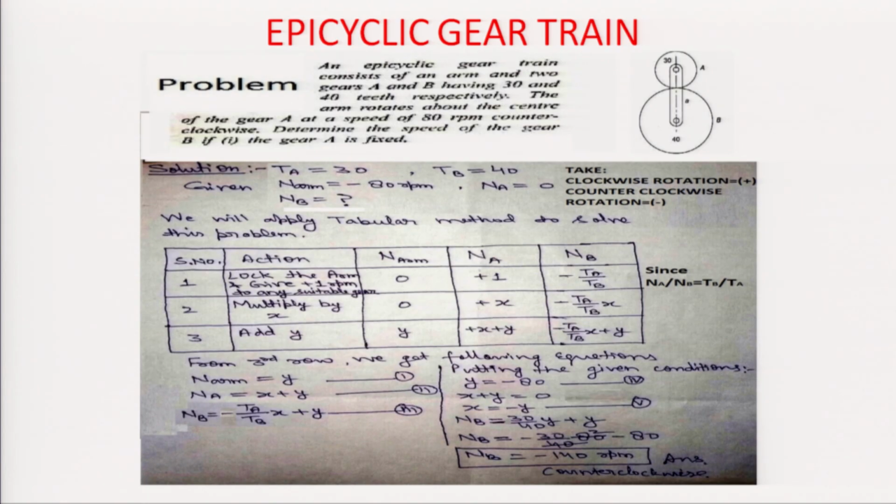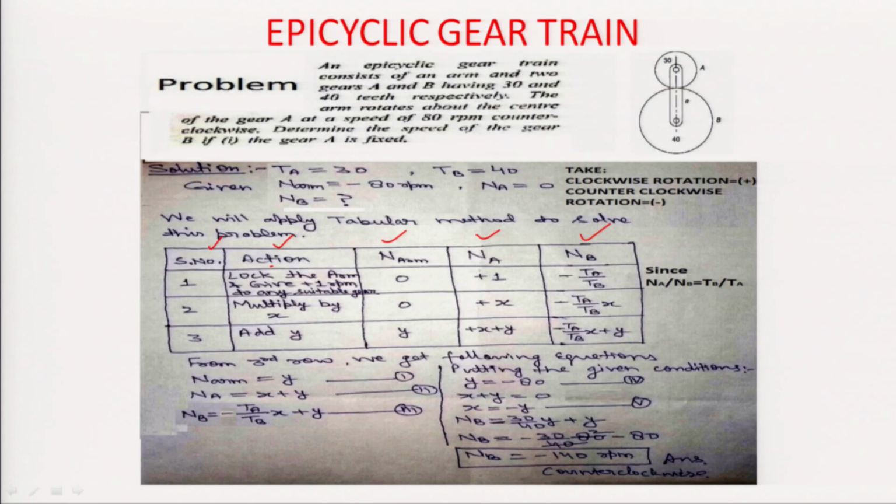In the tabular method, we will draw a table. In this table, there are 1, 2, 3, 4 and 5 columns. The first column is for serial number, the second column is for the action to be taken, and the third, fourth, fifth columns are used for representing the speed of gears in the epicyclic gear train.